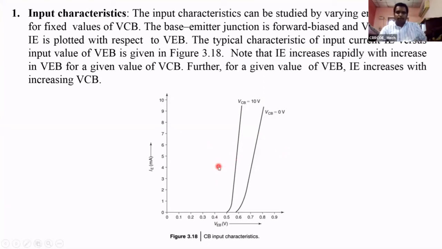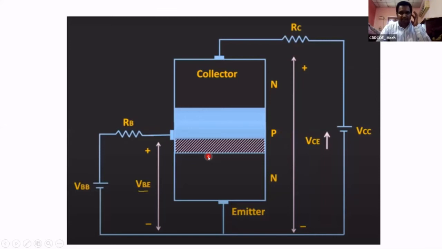Now I will explain why the curve shifts towards the left. That is the early effect. If you increase the collector voltage, the output voltage, the second junction is in reverse bias. It already has a depletion region because it is reverse biased, a potential barrier at the second PN junction.